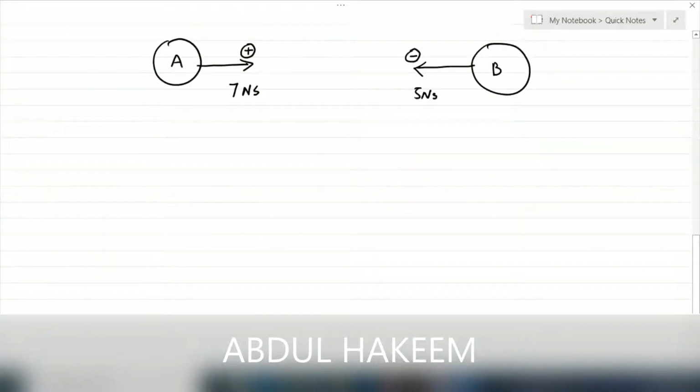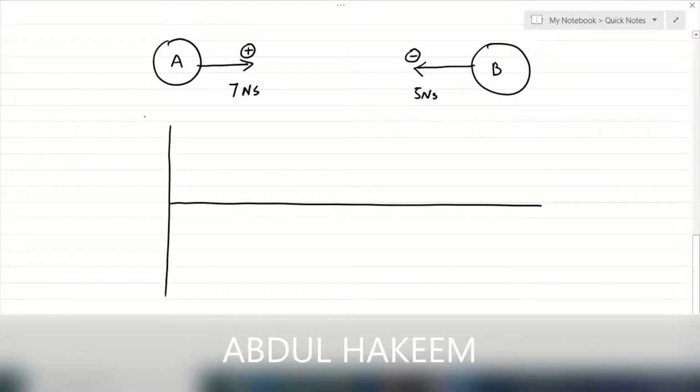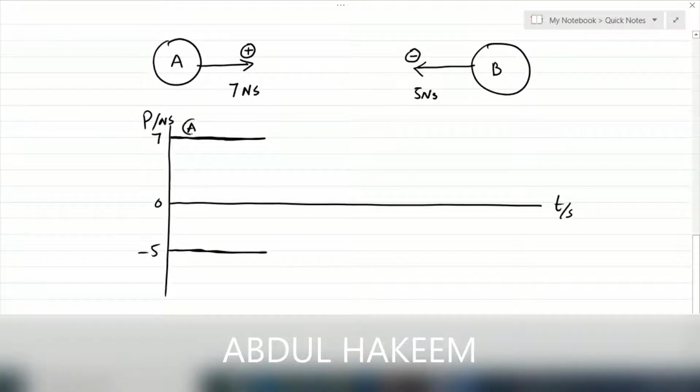When we draw the graph of momentum, Newton second, against time, the object A has momentum this, which is 7 suppose. And the object B has momentum this, minus 5. So this is the initial momentum of A. This is the initial momentum of B. Now, suppose this is the time at which both collide with each other, and this is the position of the collision.